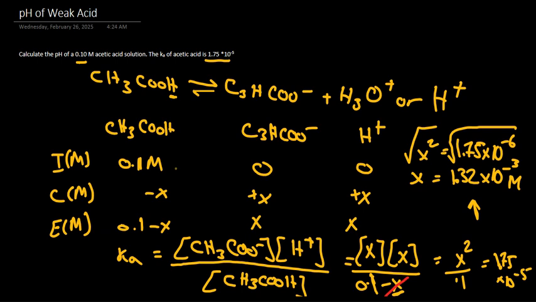So that's how you find the value of x. Now we're after pH, and remember, pH is nothing but the negative log of the hydronium ion concentration, and we know the hydronium ion at equilibrium is x.